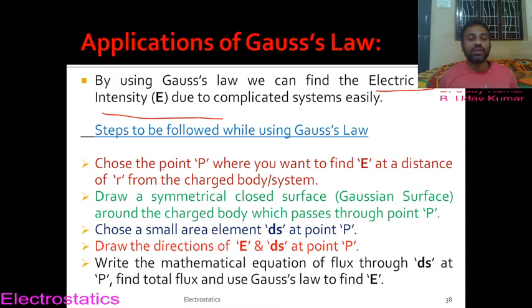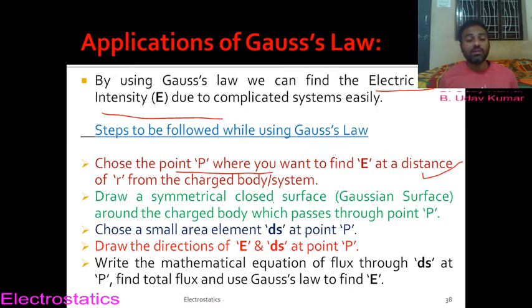First of all, we need to have the system of charge because of which we have to find the electric field intensity. The first step is to choose the point P where we want to find the electric field intensity. So that is the first step that you have to remember.